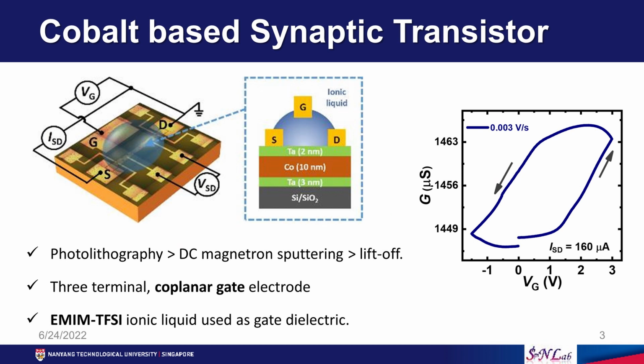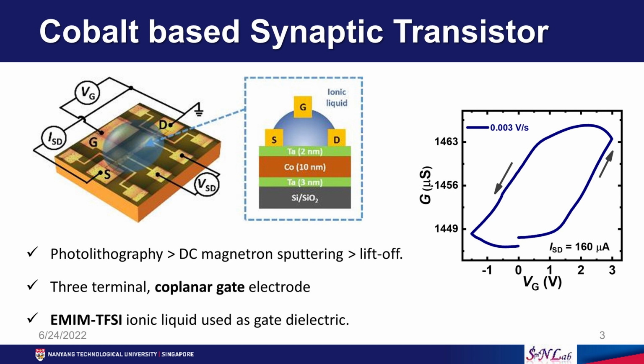Usually people use semiconductors as the active layer. However, by using a metallic channel for the first time, we could emulate several synaptic functions and show that our device is very suitable for neuromorphic computing applications.